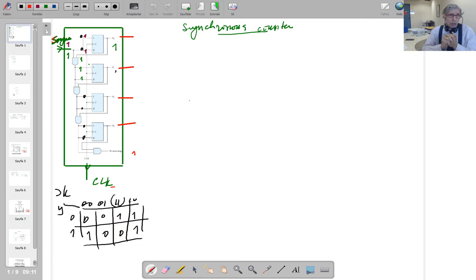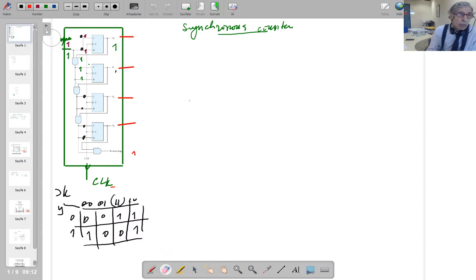So you see a counter here, and this counter has one input, which is called count. So if I clear this, you could see it much better maybe.